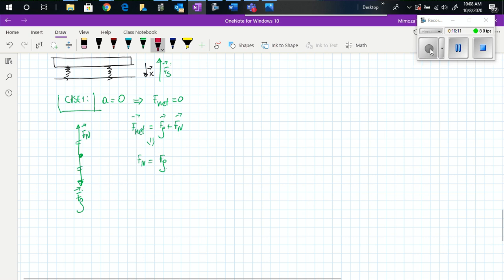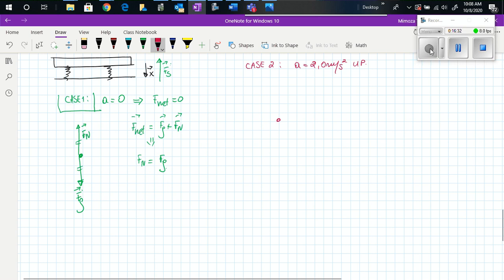However, in the second case, when the acceleration is going up with a certain value, I will keep the number the same just for simplicity. So it's going up, and then what we have is a different story.